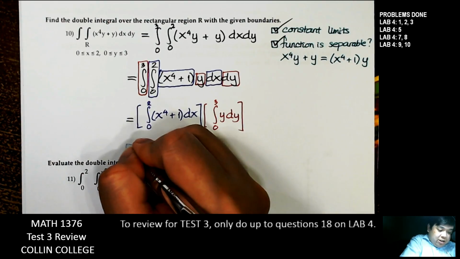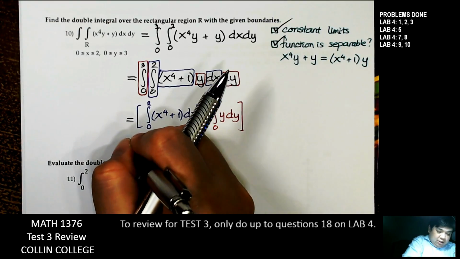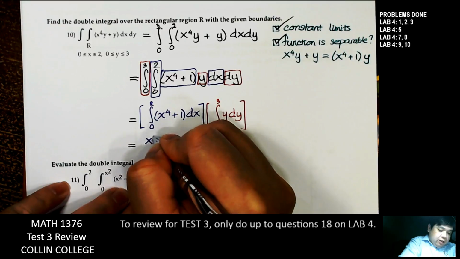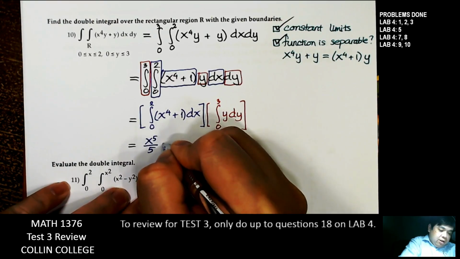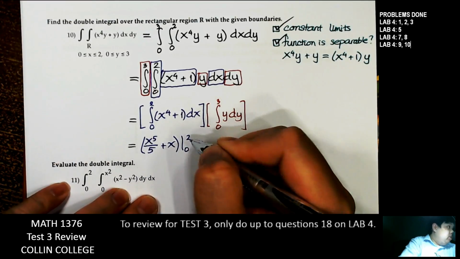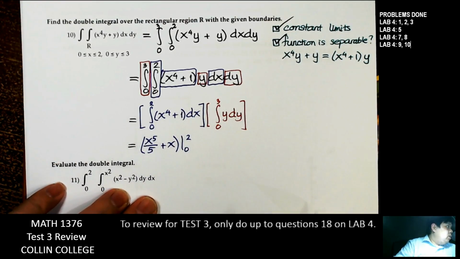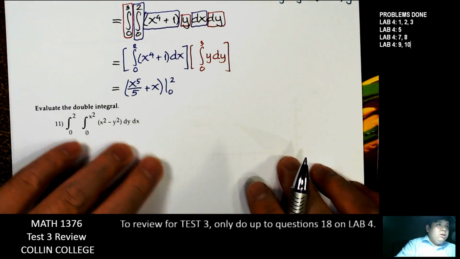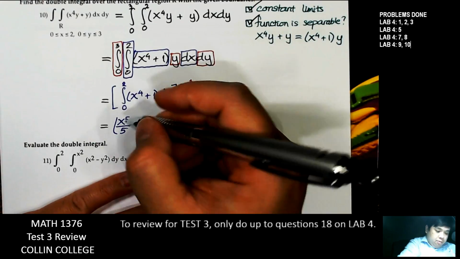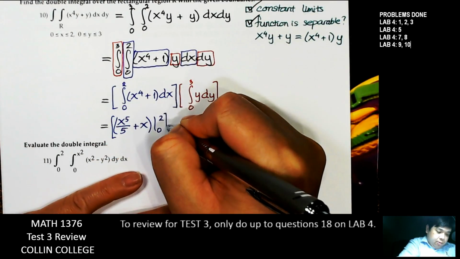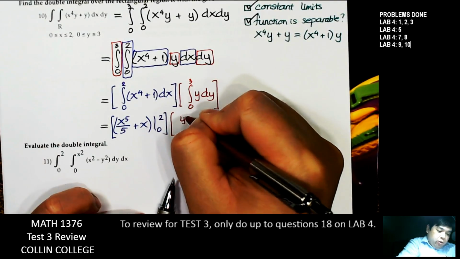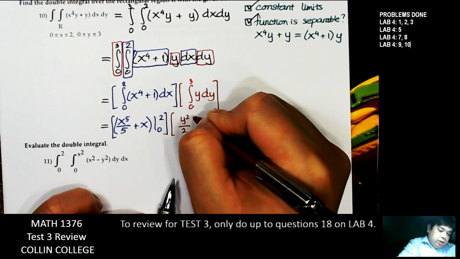Right, with respect to x, the integral will be x to the 5th over 5 plus x, going from 0 to 2. And the other one, y squared over 2, 0 to 3.